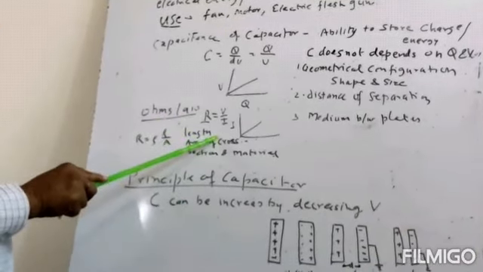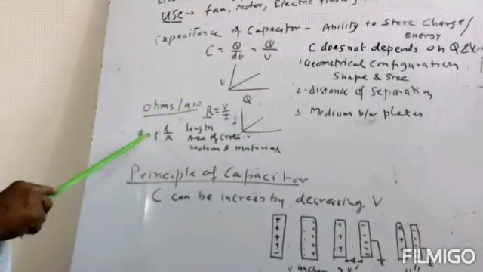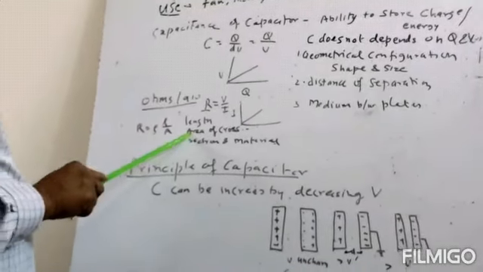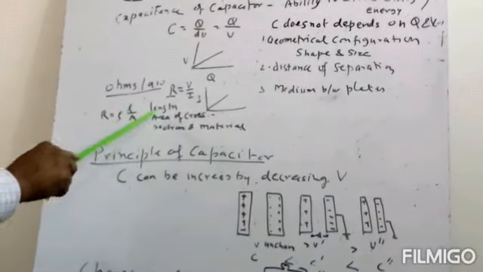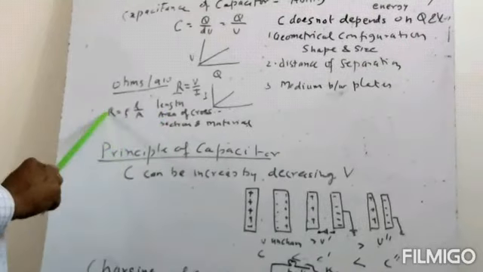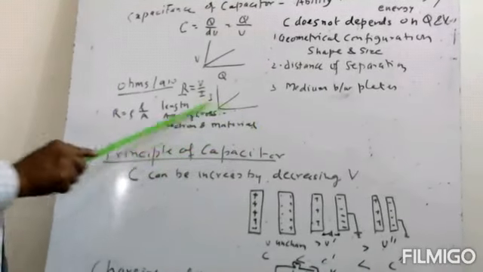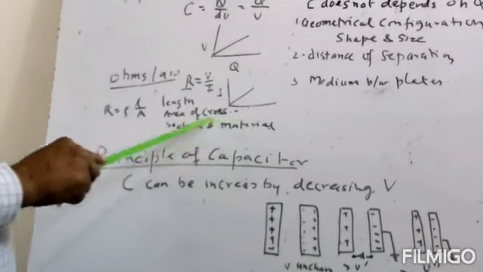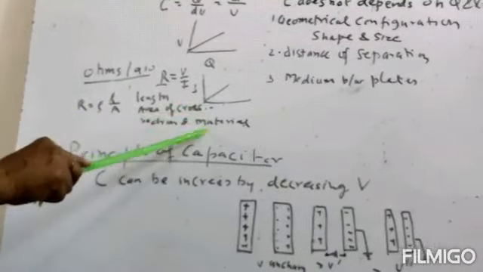If the length increases, its resistance will go up. Number two, it is inversely proportional to the area of cross section. If the area of cross section is less, then its resistance will be more. And third, it will depend upon the material of which the resistance is formed, and that is known as the specific resistance.